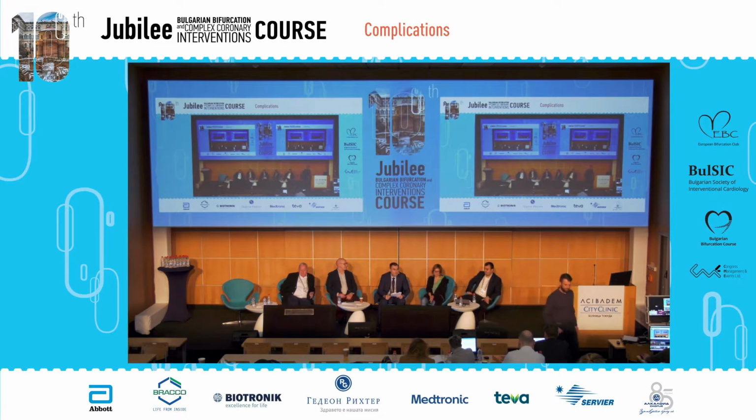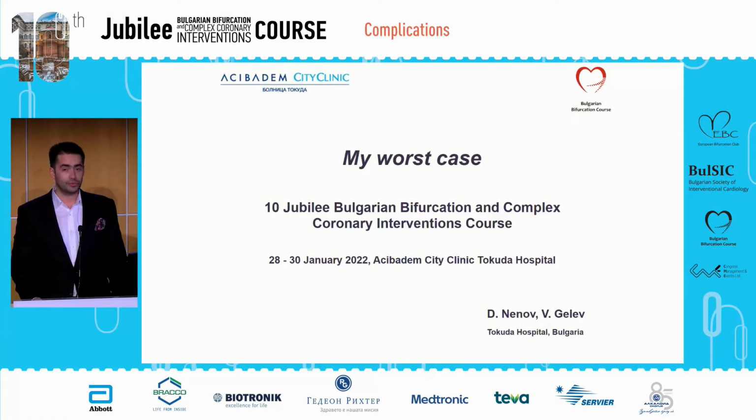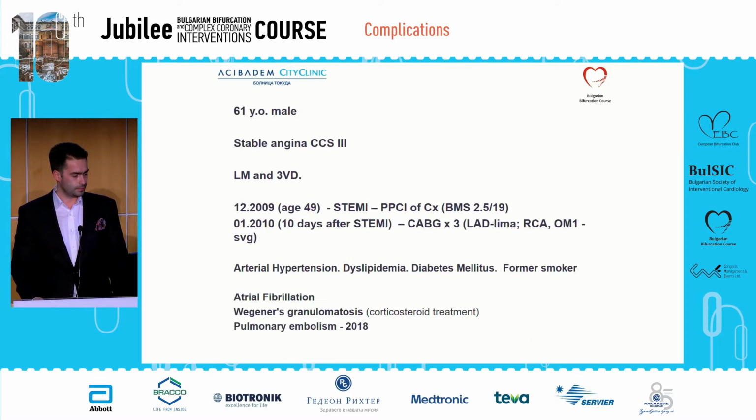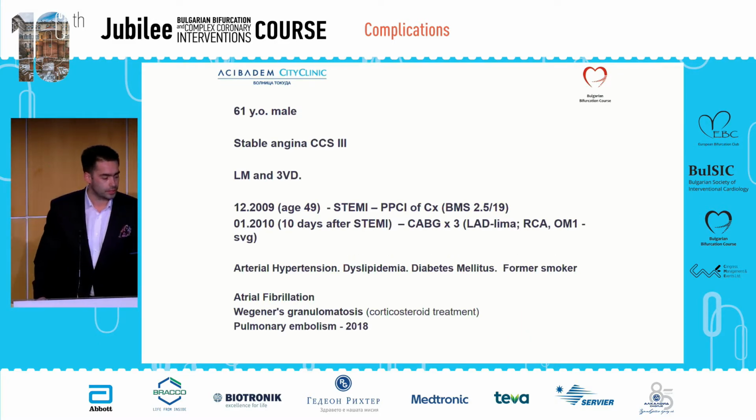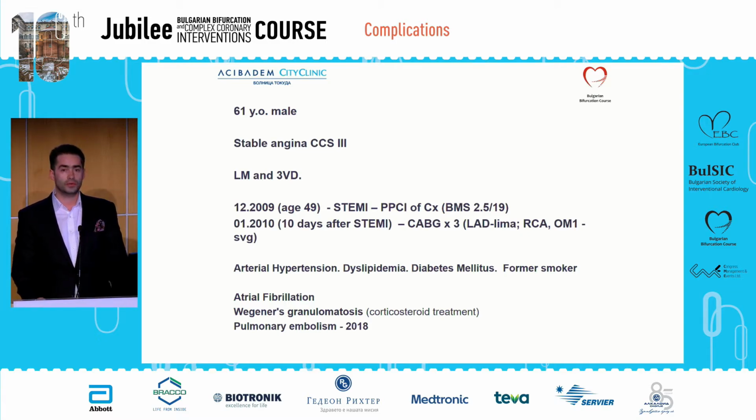Dr. Nenov is going to present it. I'll present a recent case from our clinic. It's about a 61-year-old male patient with typical risk factors for cardiovascular disease. He has stable angina class 3.